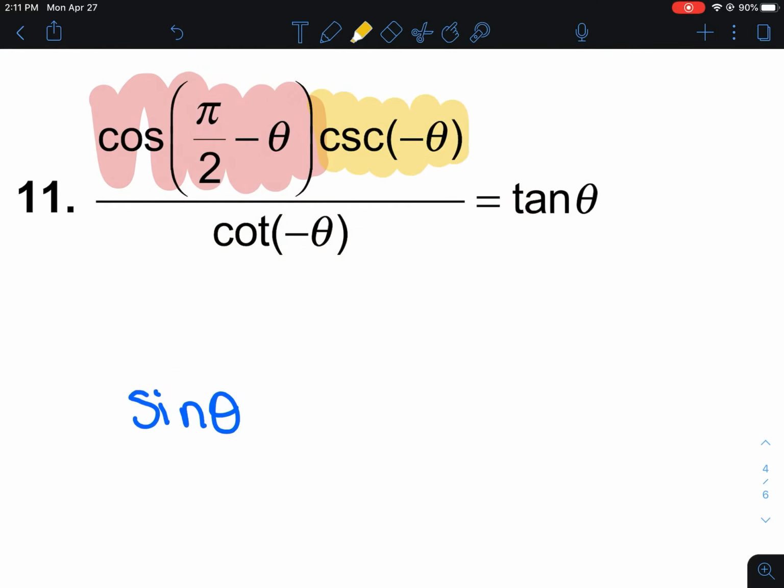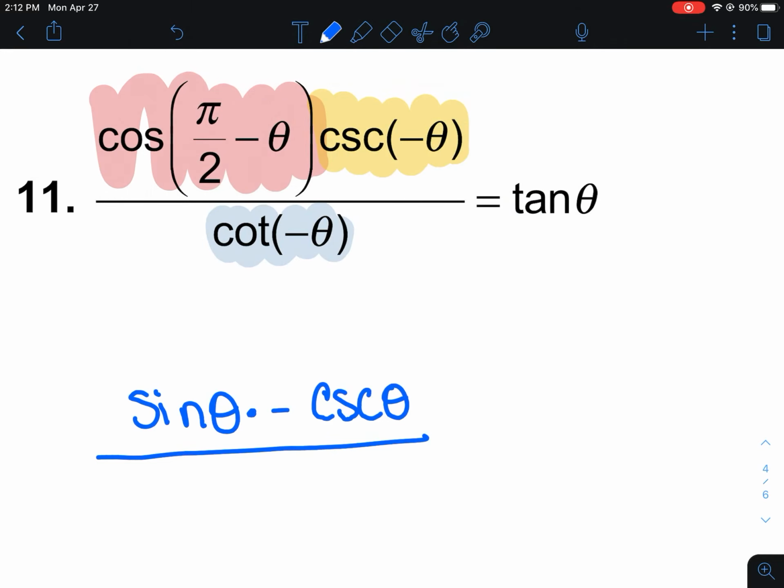Okay, cosecant of negative theta is the same thing as negative cosecant theta. And then finally on the bottom we have cotangent of negative theta, which is the same as negative cotangent theta. All three of those are found on your identity sheet.